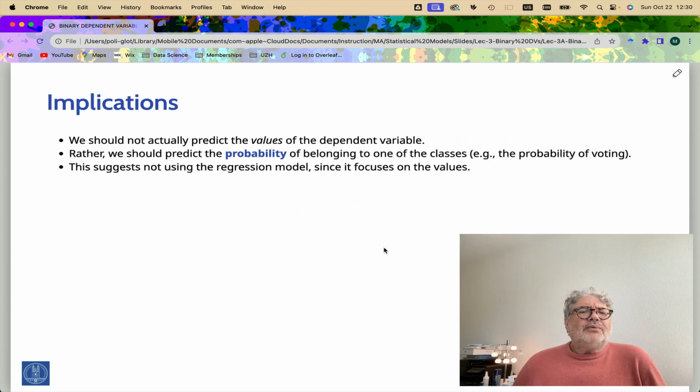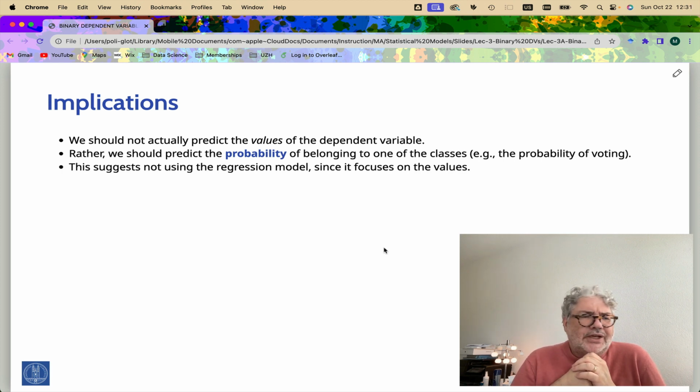So the problem we run into here is that we really should not be predicting the values of the dependent variable. We really should be focusing on class probabilities. So what is the probability of voting?